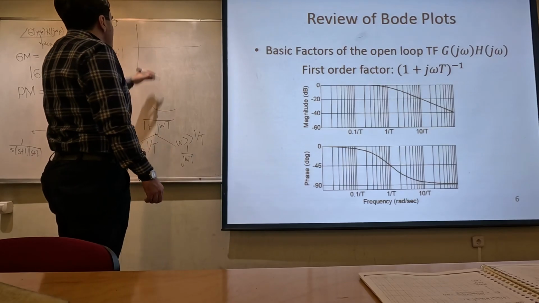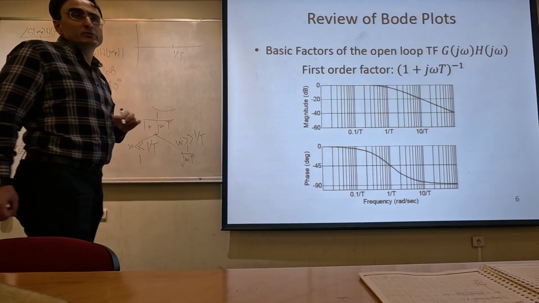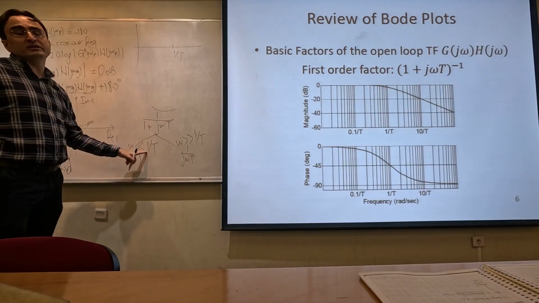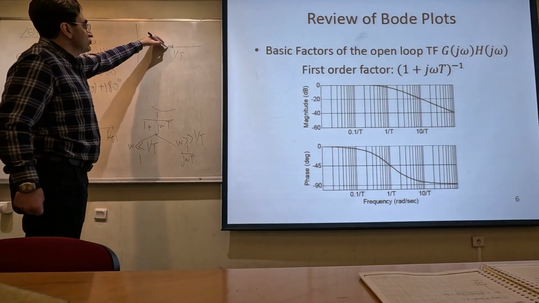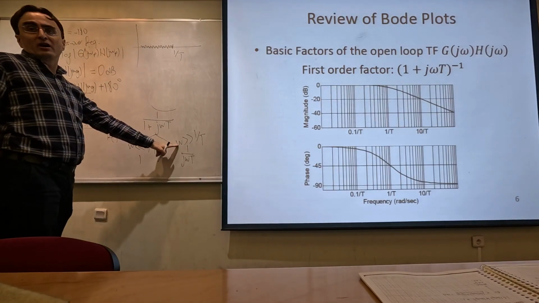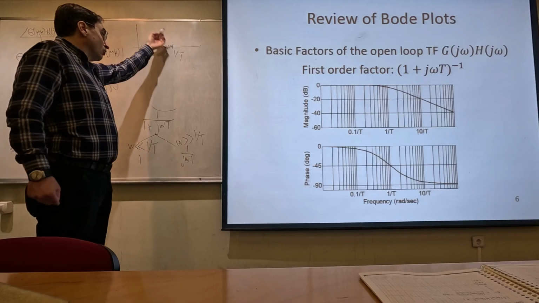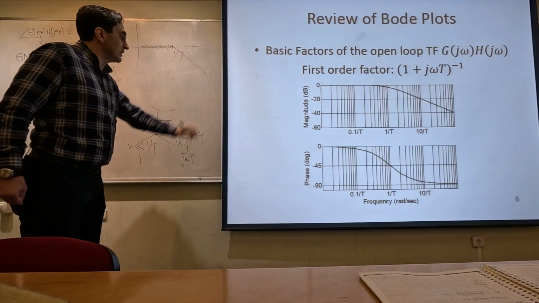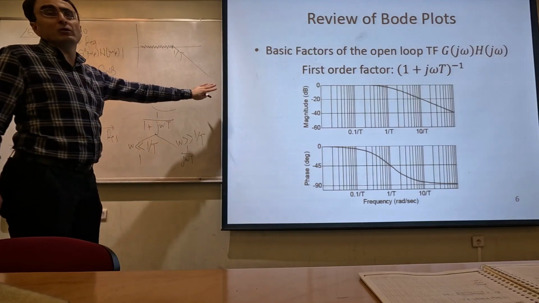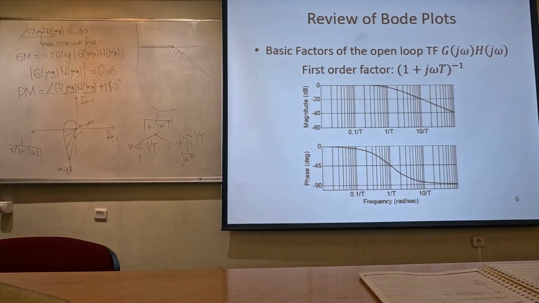For magnitude, if this is my frequency 1 over t, for frequency smaller than 1 over t, I will assume that we are at 0 dB, okay? And for frequencies larger than 1 over t, I will assume that this is going to be a first order term given like this. This is going to be the Bode plot that we are going to be using here.